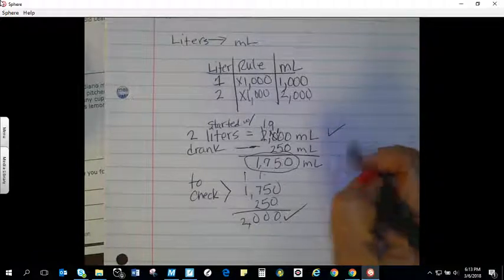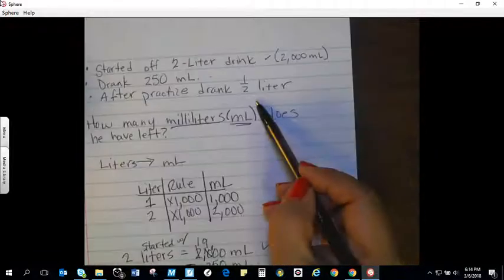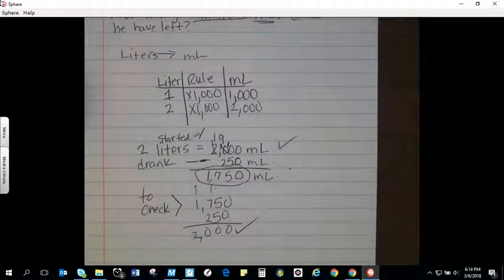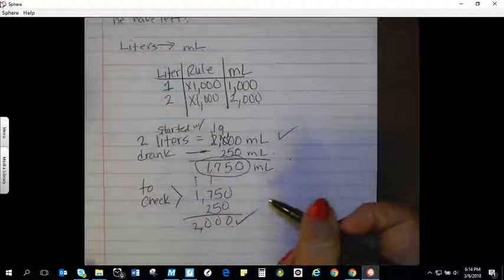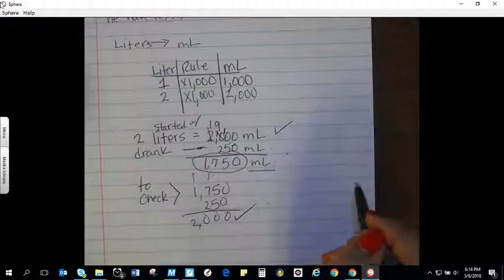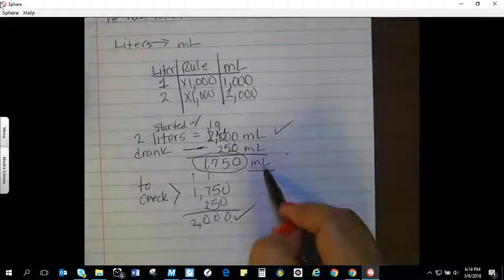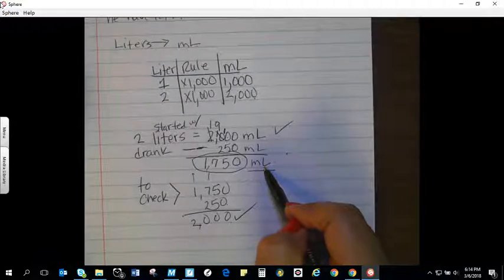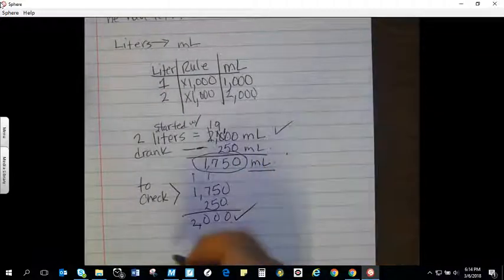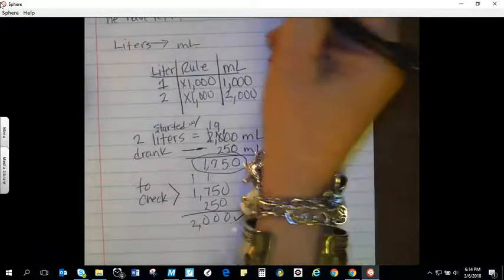Now, at the end of the game, it said that he drank 1/2 liter. So, let's look at this. I have 1,750 milliliters. How many liters is that then? I'm going to take my half.